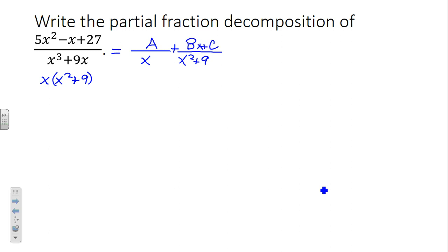All right, so now we're ready to start getting rid of the denominators. That means that we're multiplying every single term by x cubed plus 9x, or x times x squared plus 9. And the denominator cancels here, the x goes away, and the x squared plus 9 cancels.